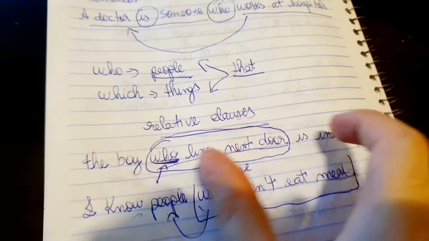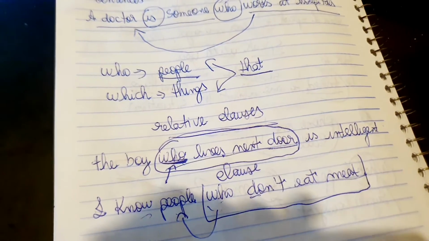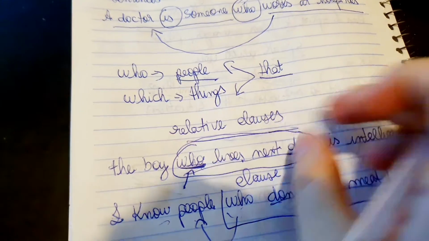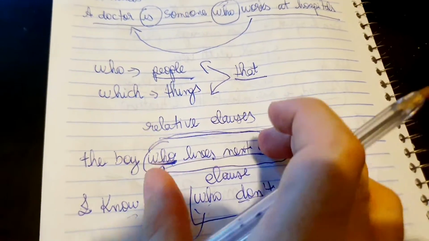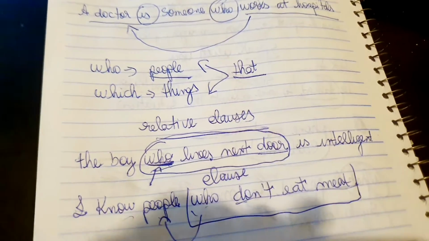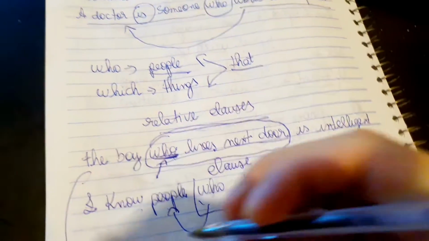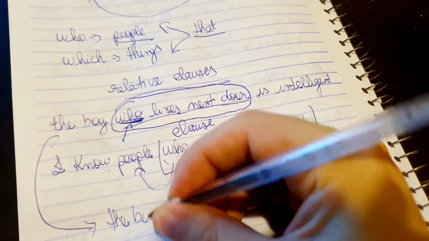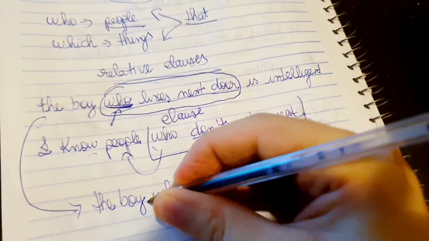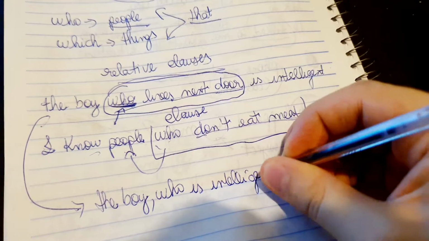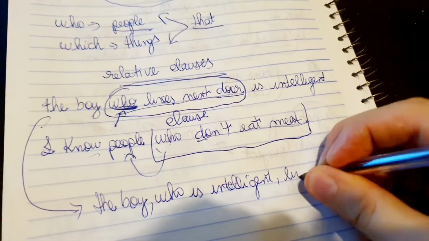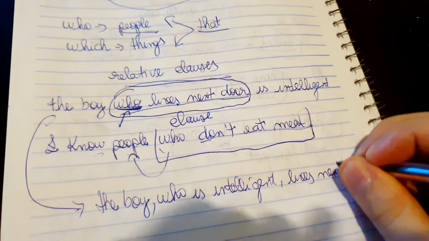So you have to make some adjustments to the sentence if you want to change the position of the clauses. I can say the boy who is intelligent lives next door.